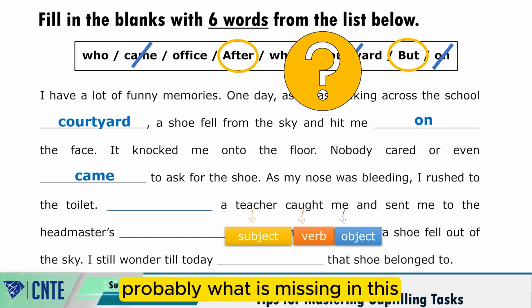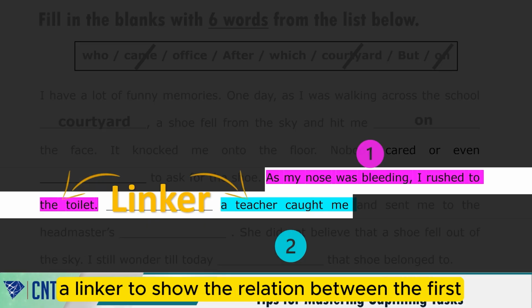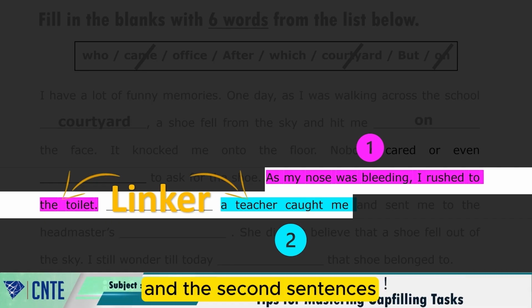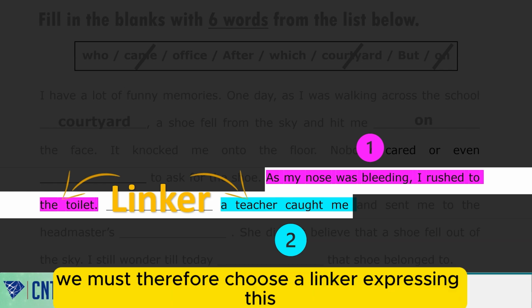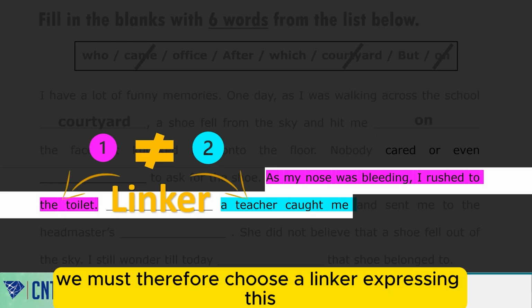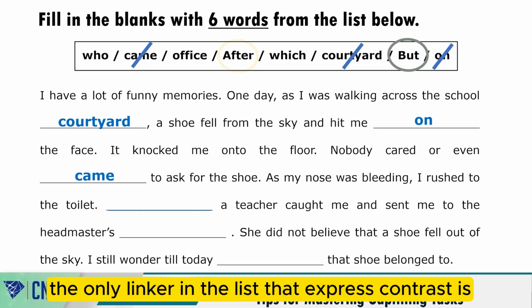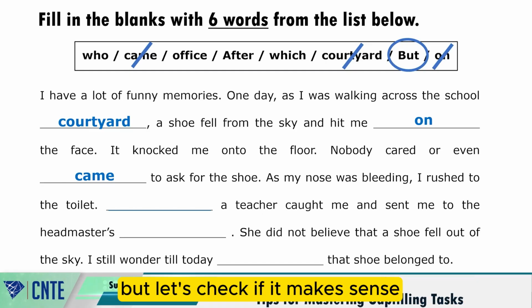Probably what is missing is a linker to show the relation between the first and the second sentences. If you focus on the meaning, you can understand that there is contrast. We must therefore choose a linker expressing this. The only linker in the list that expresses contrast is but.